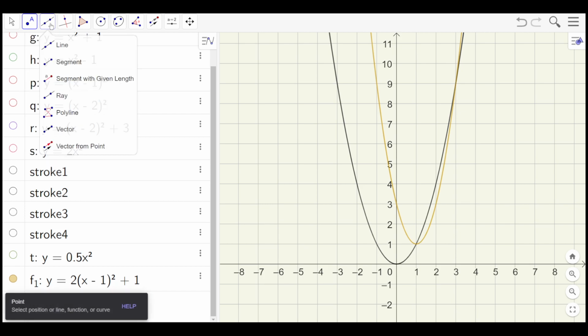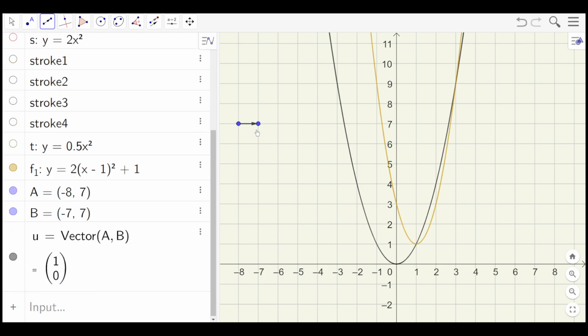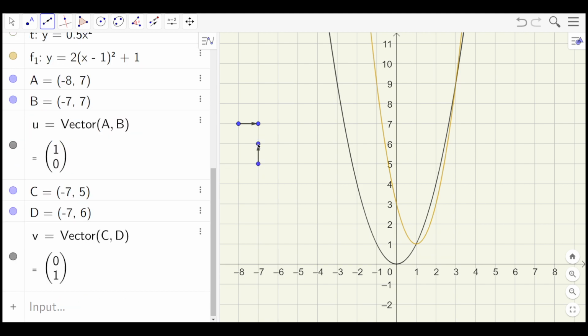Do you remember vectors from Math 1C? I define a vector that shifts 1 unit to the right. I also need another vector 1 unit above. These are two vectors. This vector shifts everything to the right 1 unit. Do you remember that's the meaning of vectors? And this vector shifts everything 1 unit above.